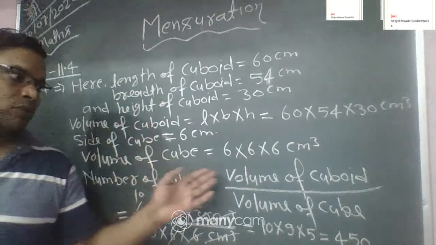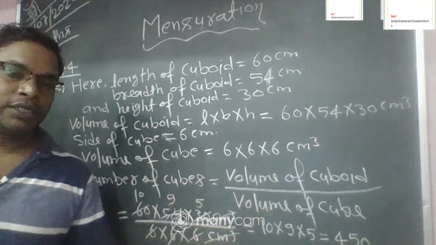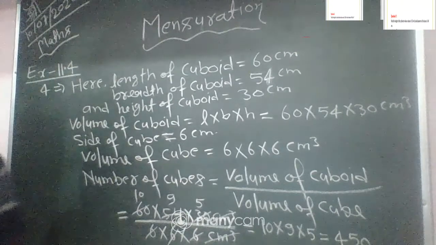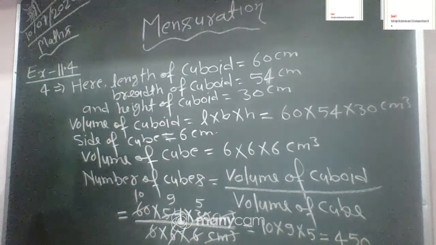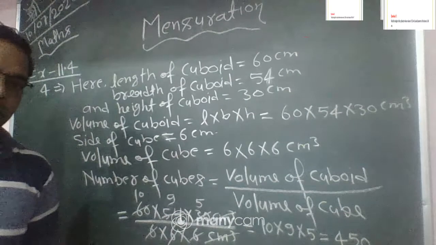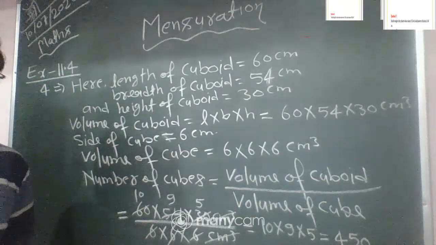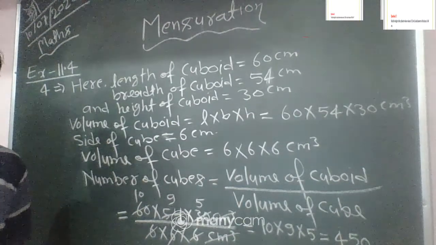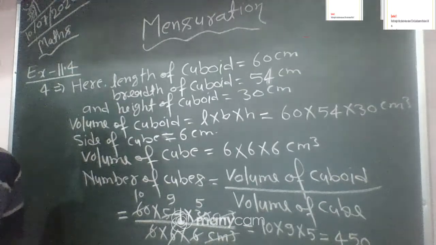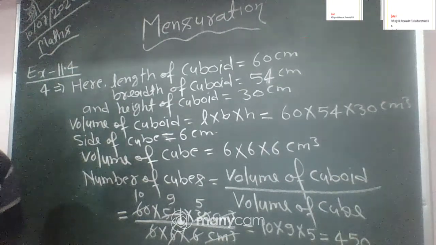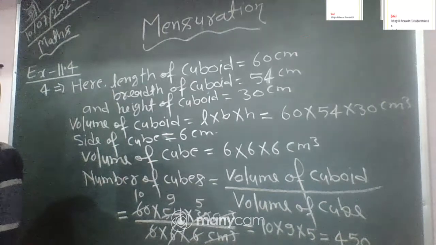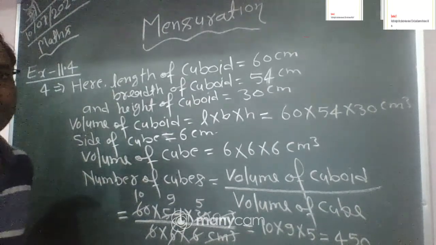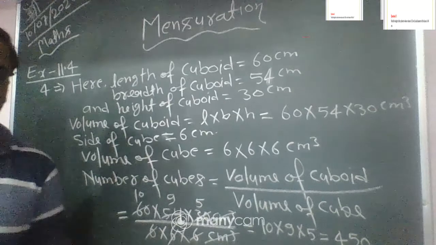So volume of cuboid by volume of cube. And in this way, we find the number of cubes. So you can see the number of cubes is 450. I hope students all of you understood this question.